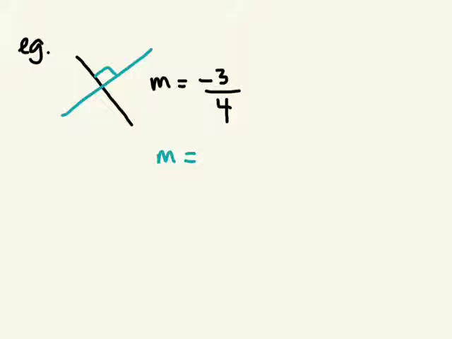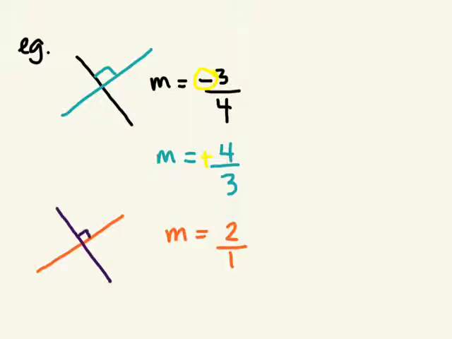Flip it, so it becomes 4 over 3, and because this one's negative, the other one is positive. It's the opposite sign. For example, the slope of this line was, I don't know, 2. How can I write that as a fraction? 2 over 1. Then a line perpendicular to this would have to have a slope of negative 1 over 2. Good. It's always the opposite sign, and the fraction is flipped around.